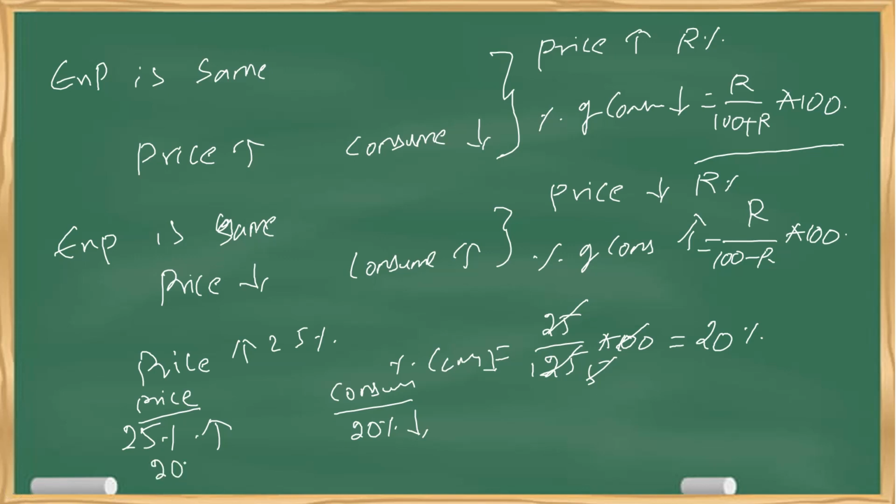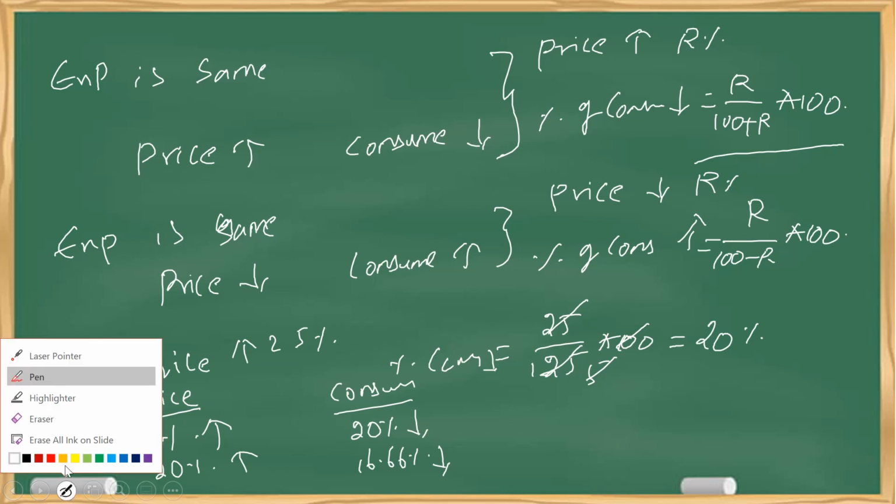And if it is a 20 percent increase, then it is a 16.66 percent decrease. These are standard values. I'll tell you in the next slide, or else I'll erase this point. I'll give you a clear picture.